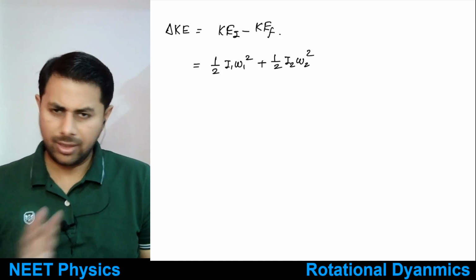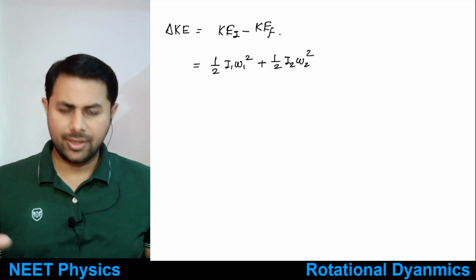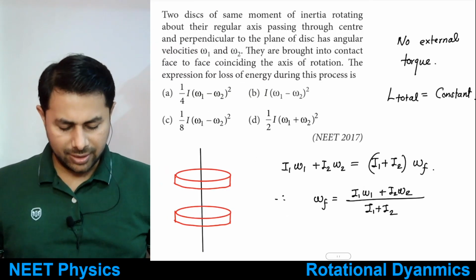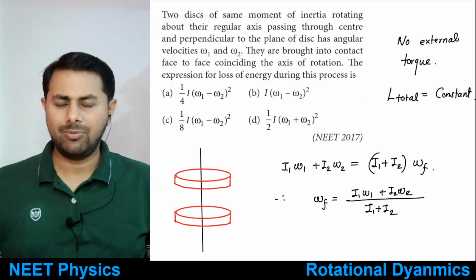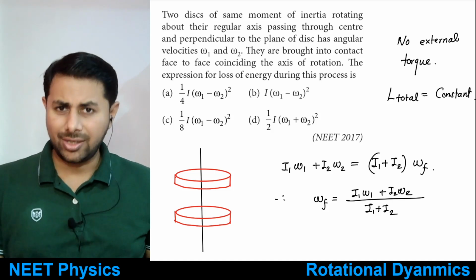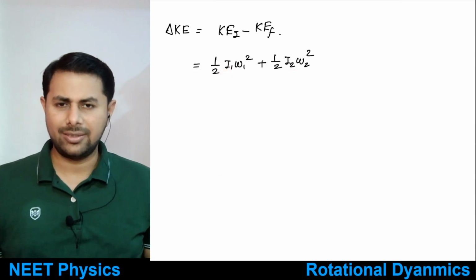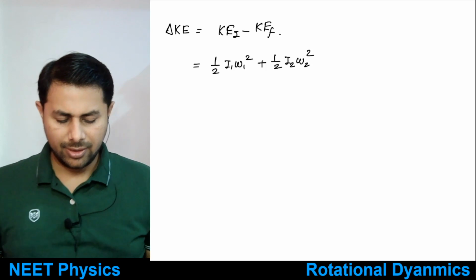Now in this example I1 is equal to I2, but I want to find out a general relation. That's why I am solving with different I1 and I2. In this example they have given that the two disks have the same moment of inertia, but at the end we'll put I1 equal to I2.